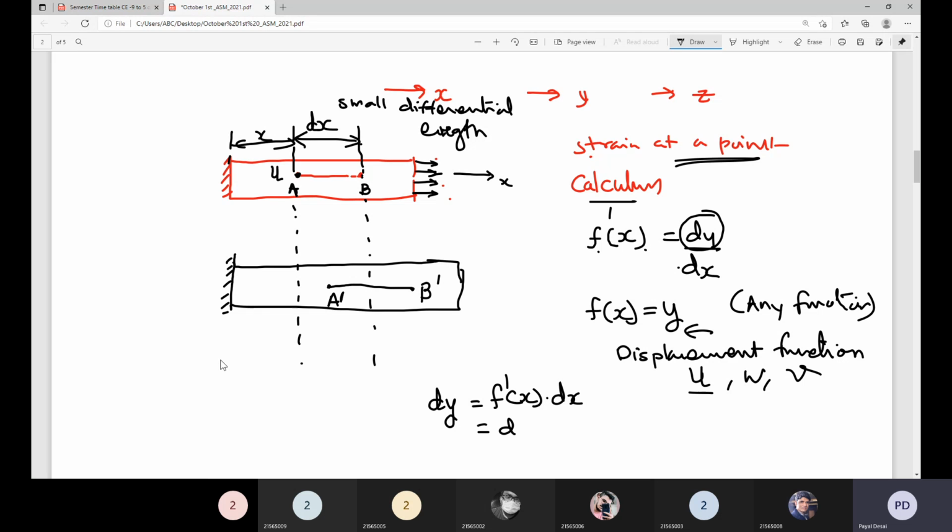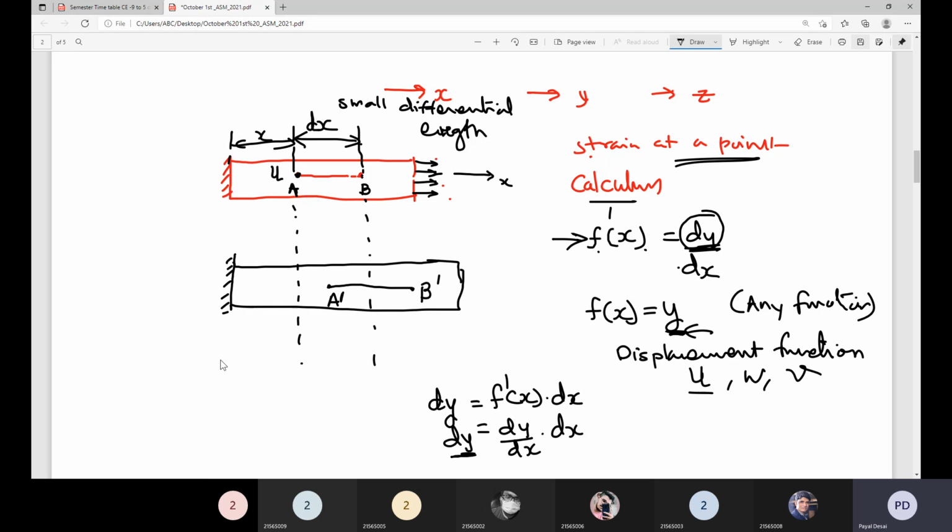So this is dy by dx into dx. So what is the change? Small increase in the function's value. The function's value is y. How much is the change? dy. So it is according to this simple formula. This is called linearization in calculus.